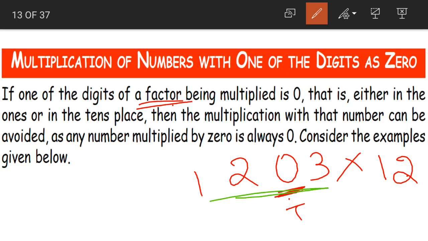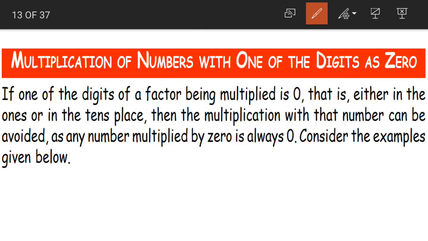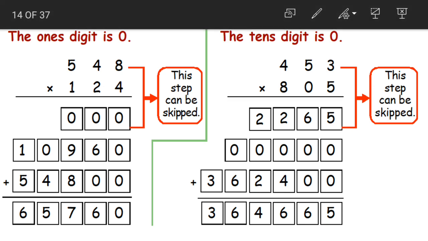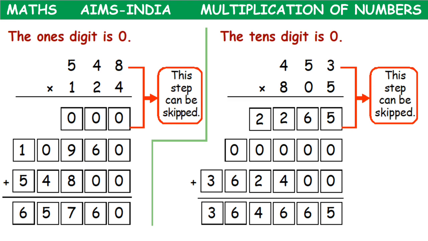So when one of the factors is having 0 as a digit, we can simply skip or avoid multiplying that number. Why? Because any number multiplied by 0 is always 0. Consider the given examples. We know, right, children, any number multiplied by 0 is always 0. The product will be 0 only. We learnt it in the properties of multiplication. Now let us see the example so that we can understand it clearly.